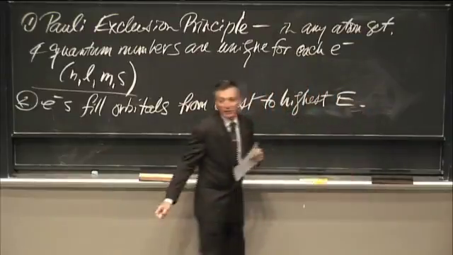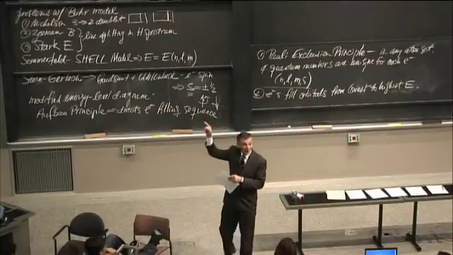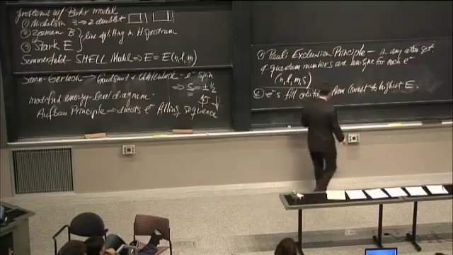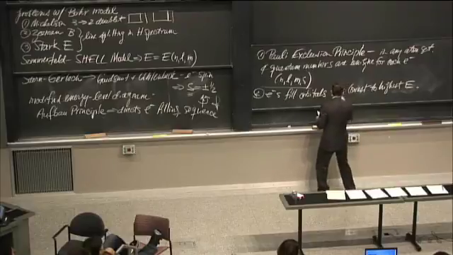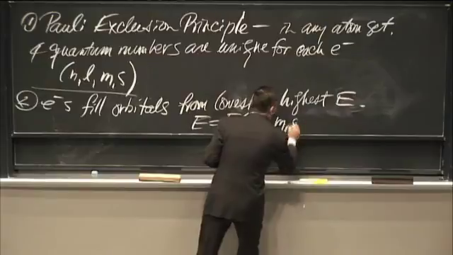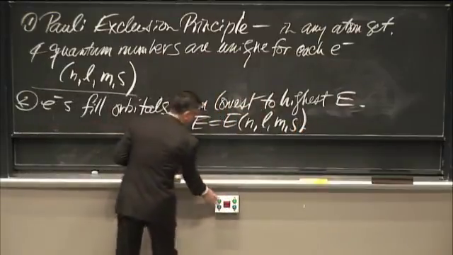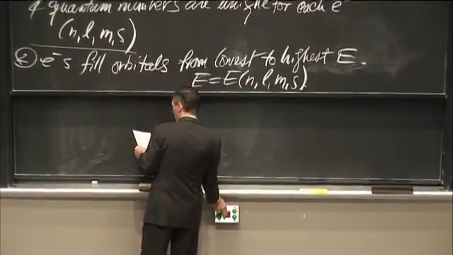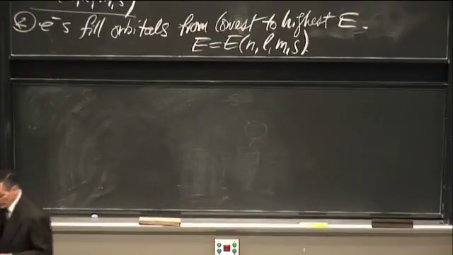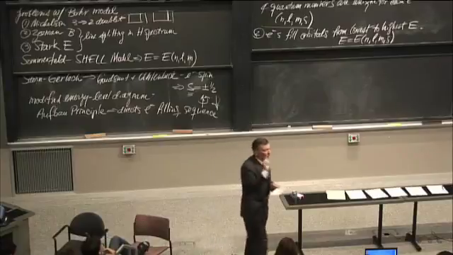Or if I wanted to be a wise guy, I would say, I'm going to define energy in such a way as I get that as the filling sequence. Right? One's got to fit the other. Okay? And the energy is itself a function of the 4 quantum numbers. So once I specify N, L, M, and S, you can give me the energy, and away we go. Okay, and you need to realize that the energy levels are actually a function of electron occupancy.